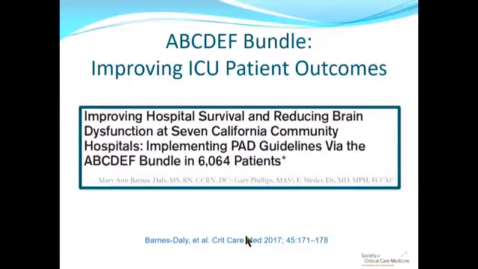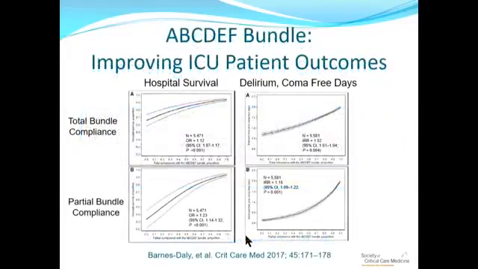So how do we know this works? For those of you at Wes's talk yesterday, he presented Marianne Barnes-Daly's groundbreaking, hot-off-the-press paper about implementing the bundle across 7 hospitals in the Sutter network, and 6,000 patients were involved. Basically, what they showed was there was a dose-response effect to implementing the bundle in terms of hospital survival and delirium coma-free days.